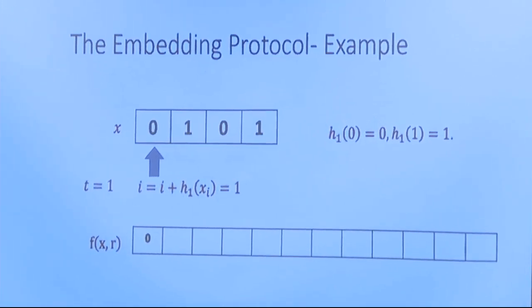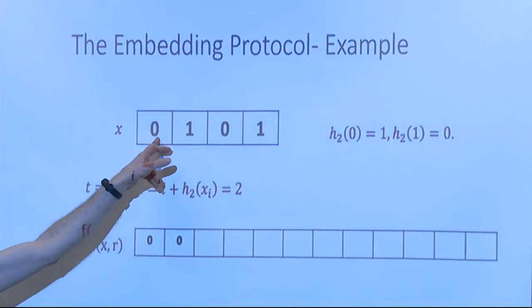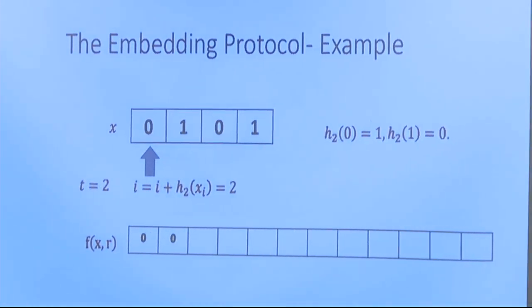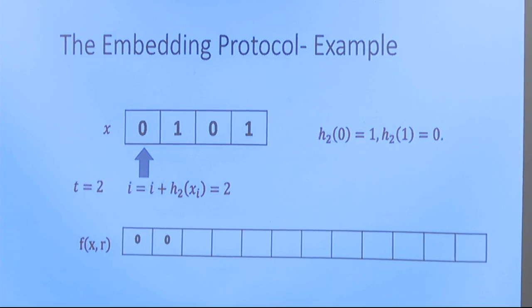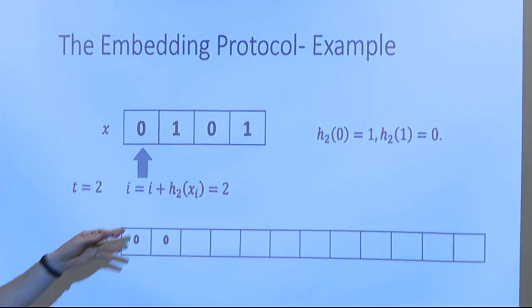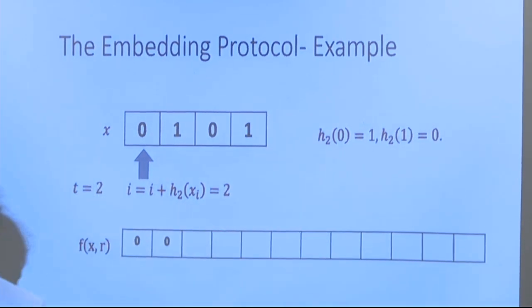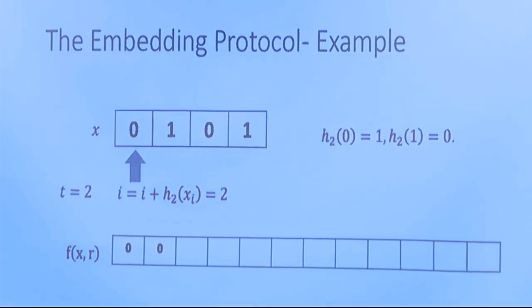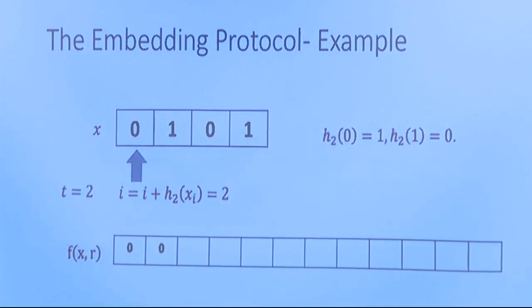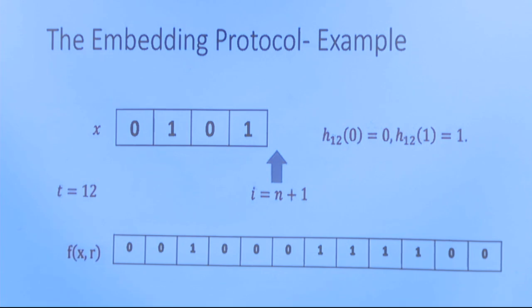So in the next stage, we again concatenate the first bit of x, which is 0. Then again we choose whether to increment I or not. Here h2 of 0 is 1, so now we choose to increment I. And so on and so forth until we reach the end of the string. Okay? So that's the embedding.